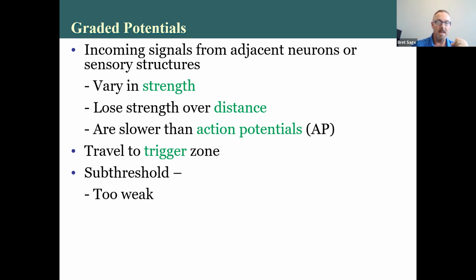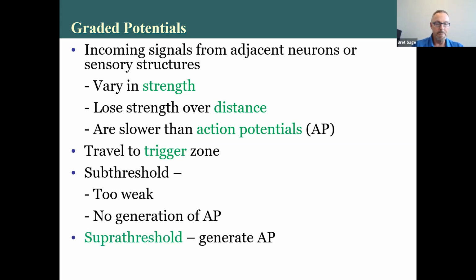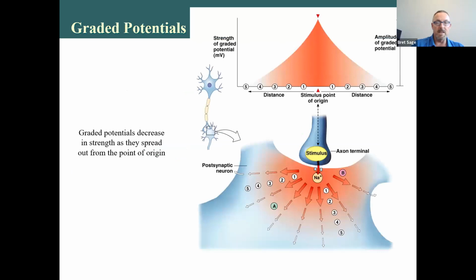So it's too weak, and it started weakening over time, and by the time it got to the trigger zone, or axon hillock, it wasn't strong enough to cause this chain reaction called an action potential. In a suprathreshold, that's above the level needed to generate an action potential, it does cause an action potential to form.